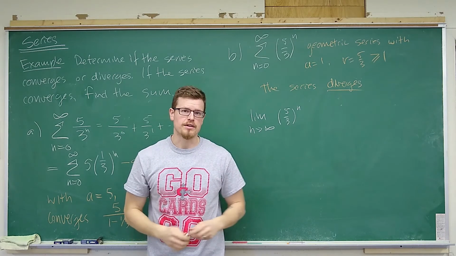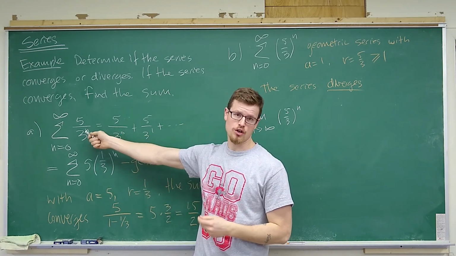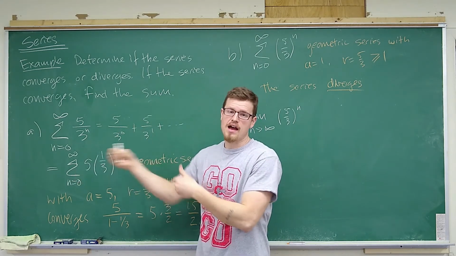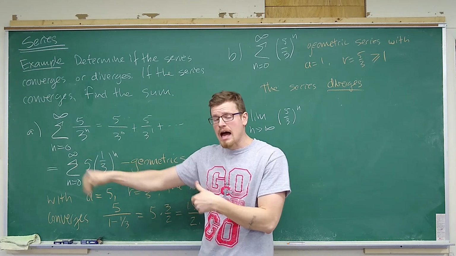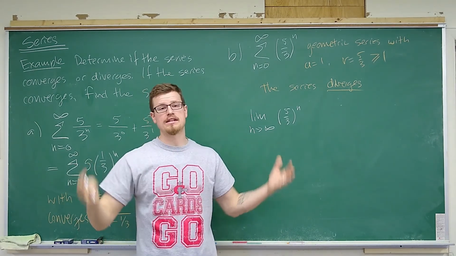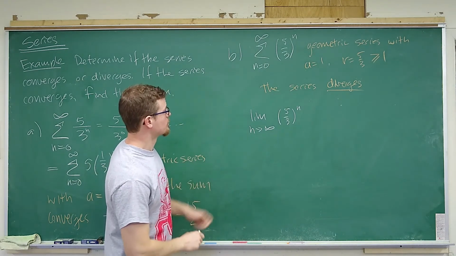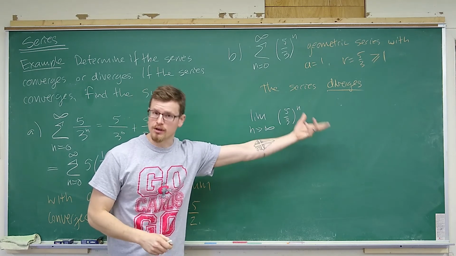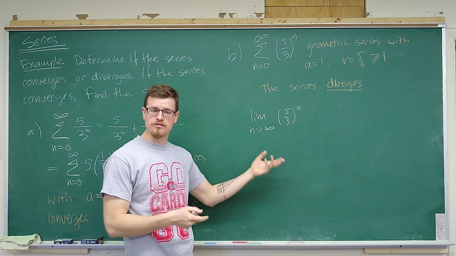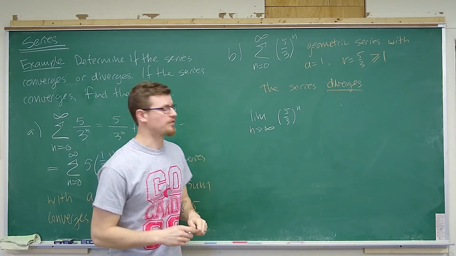If we have a series that converges, the terms must go to 0, because in order for us to end up with a finite value, what we're adding on has to be essentially nothing. If we continue adding quantities that are large, then of course our overall value is going to continue growing. So we need this limit to equal 0 if it's going to converge. Now, it equaling 0 doesn't guarantee convergence, but if it's not equal to 0, it will guarantee divergence.